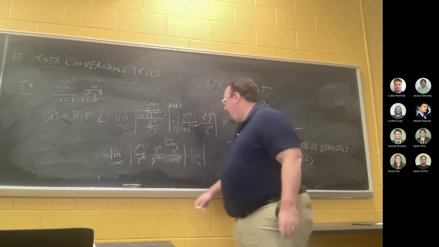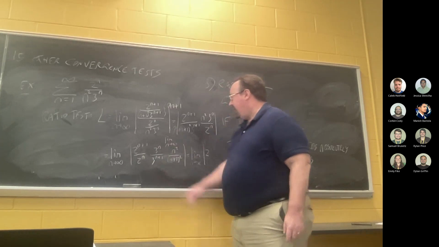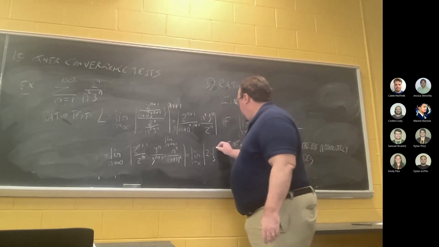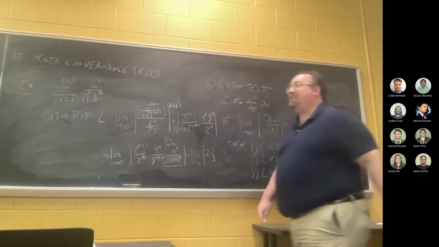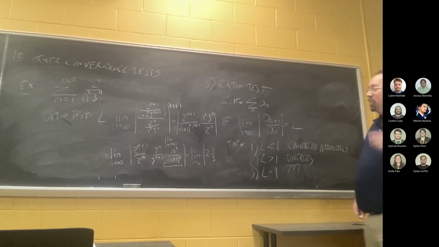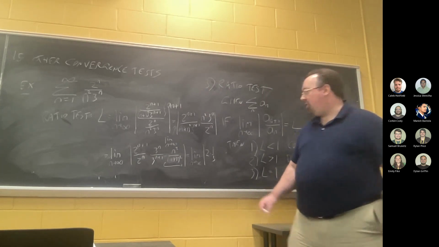So this simplifies to 2. This, subtracting the exponents, simplifies to 1/3. And then what happens to the whole fraction, n squared over n plus 1 squared, as n goes to infinity? It approaches 1.